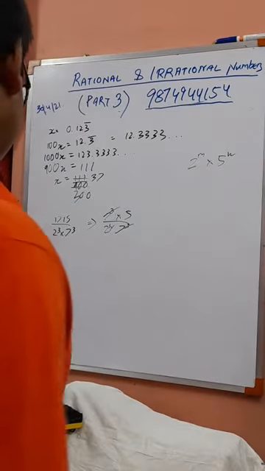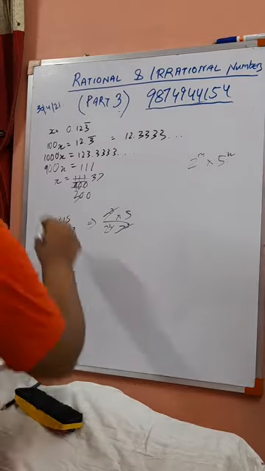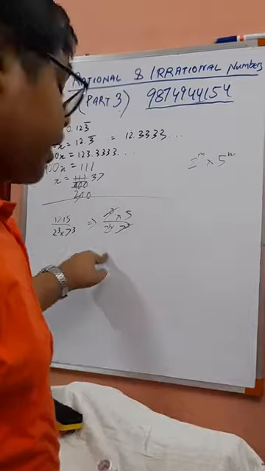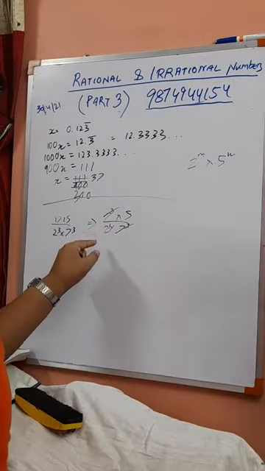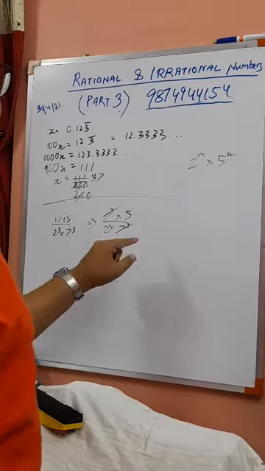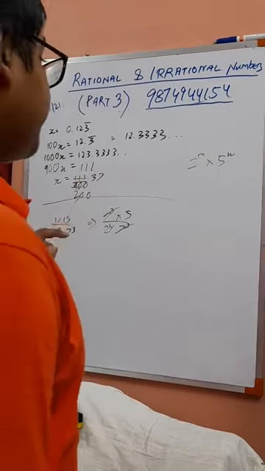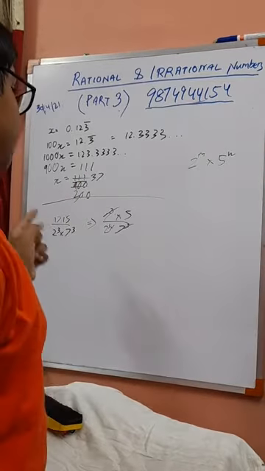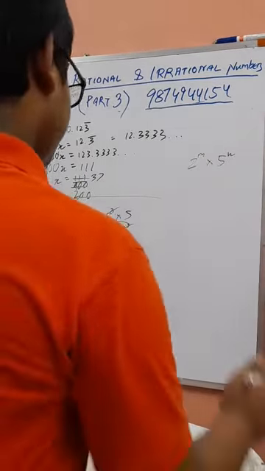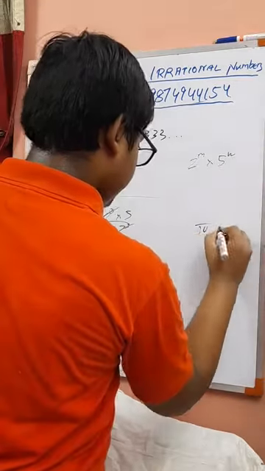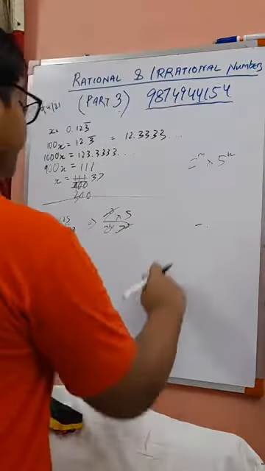For giving the number in decimal format, we need 2 to the power m and 5 to the power n, where m and n should be equal. Then only we will get a number such as 10, 100, 1000 or anything like that.